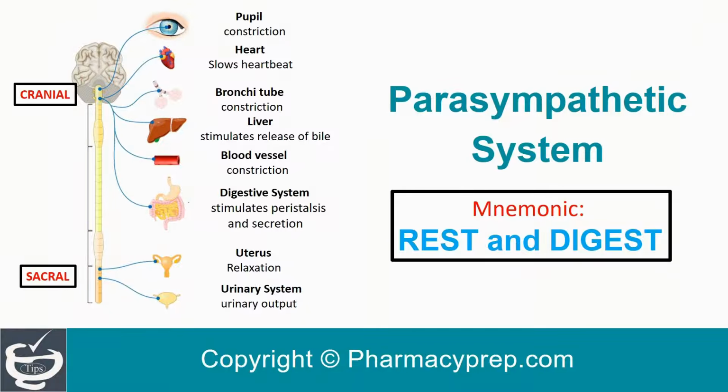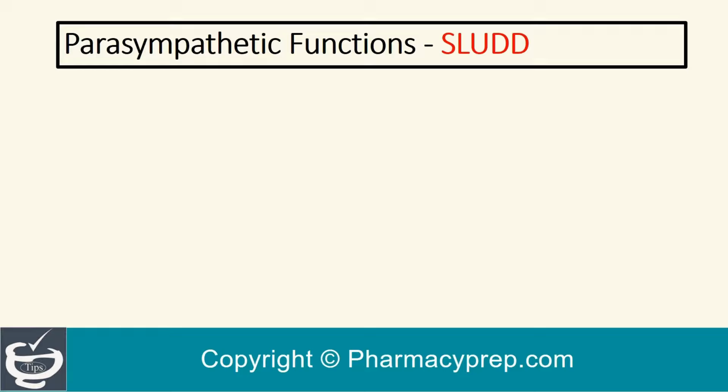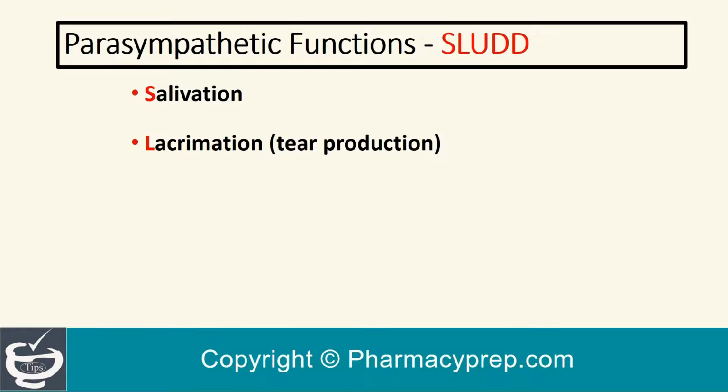Also, parasympathetic function can be explained with another mnemonic, SLUD: S for salivation, L for lacrimation, U for urination, D for digestion and defecation. In short, the parasympathetic system slows down organ activities, whereas the sympathetic speeds up organ activity. Those two functions are very specific for sympathetic and parasympathetic.